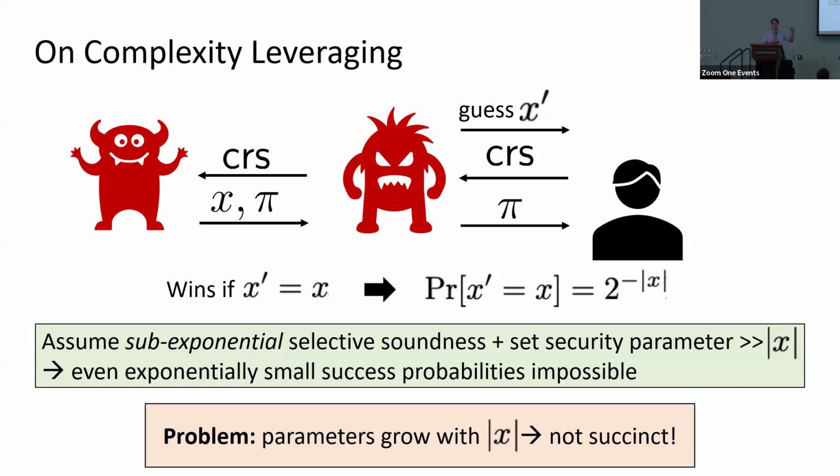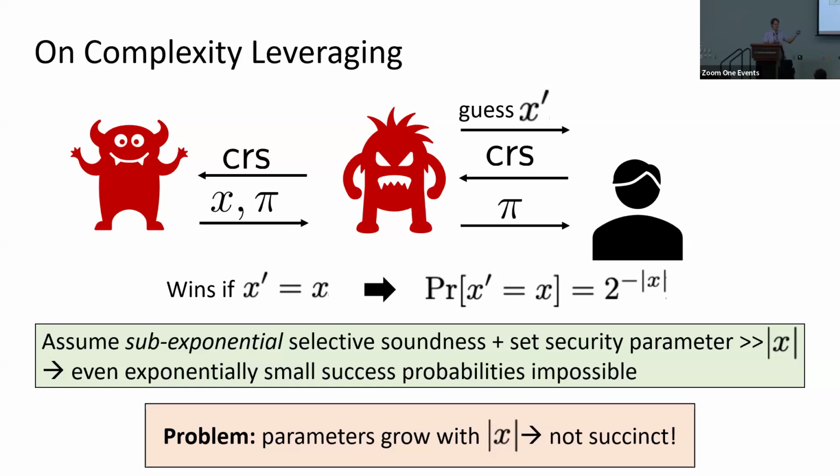So we have some adaptive adversary that gets to choose X adaptively. And we're going to try to come up with a selective adversary that has to choose the statement that it attacks before seeing the CRS. How does it do that? Well, we're just going to have it guess a truly random choice of statement X prime.